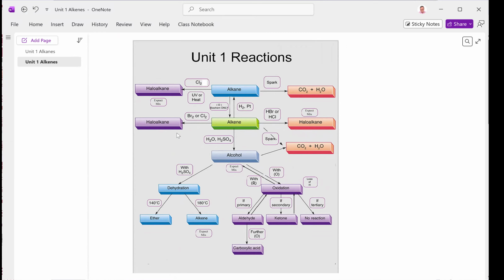Now, whenever we produce carbon dioxide and water, that's the product of combustion. Everything in unit 1 is flammable, burns. And it burns, assuming there's enough oxygen, to carbon dioxide and water, like your car.